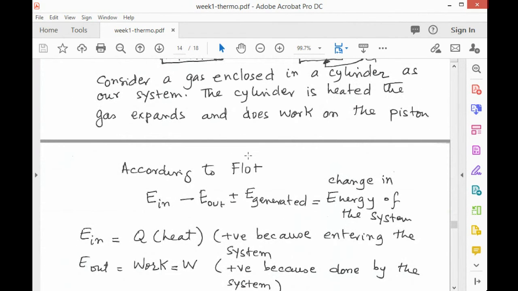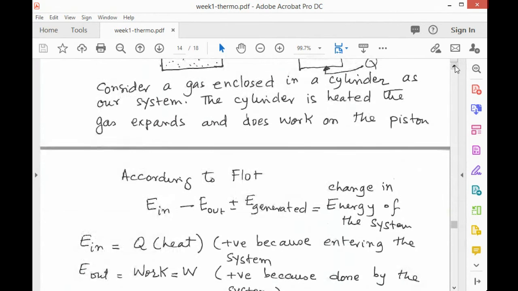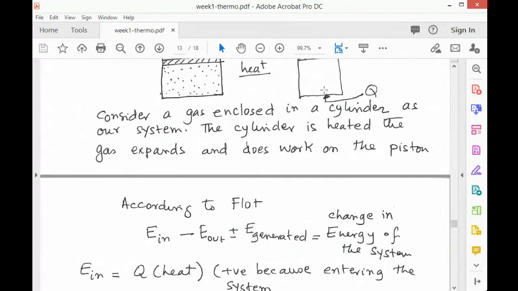When I write the first law of thermodynamics as an equation: energy in minus energy out plus any energy generated because of a heating coil. If I have a heating coil inside this cylinder, the coil will generate energy, but in this case I have no heating coil, so energy generated will be zero. Then the change in the energy of the system, delta E.